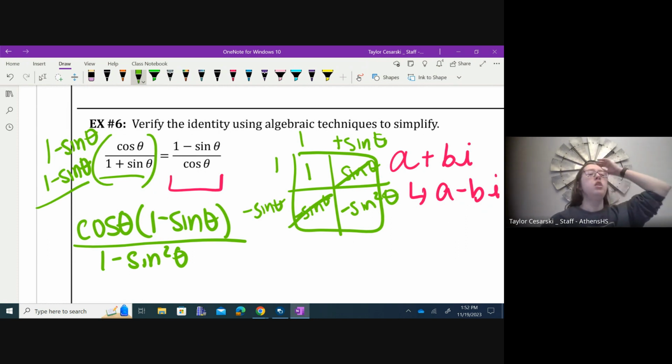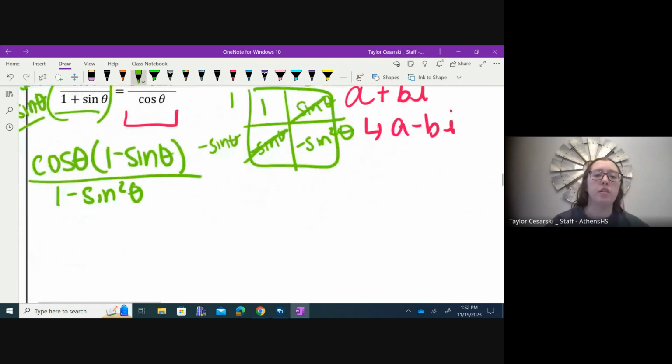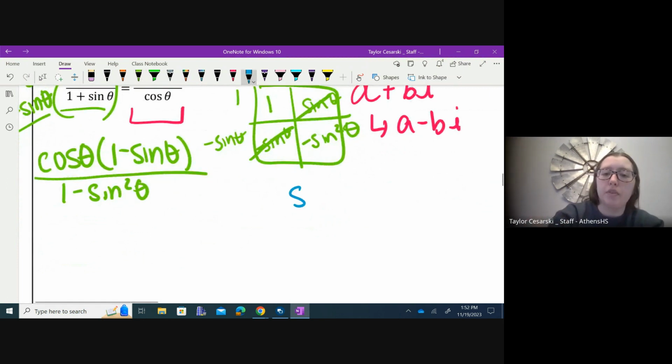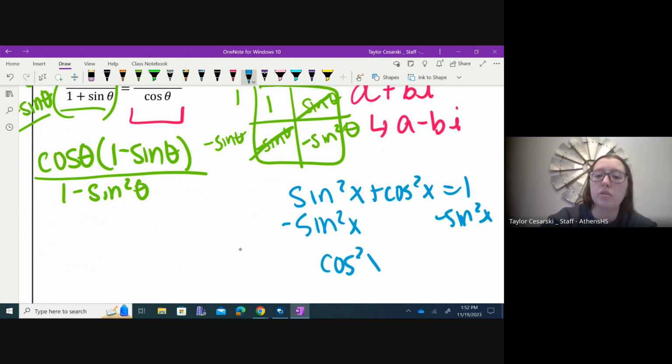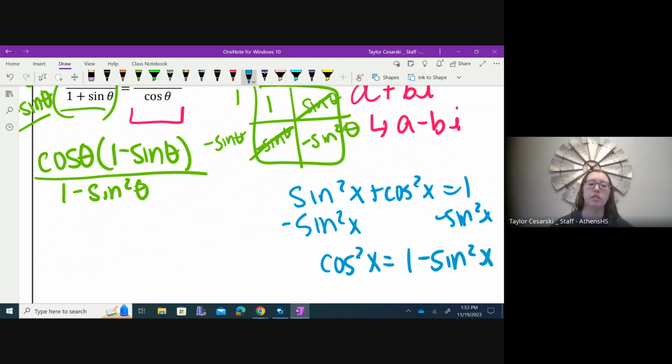Okay, well, this is where we have to kind of reach back into those Pythagorean identities we just did. So we said sine squared of x plus cosine squared of x equals 1. Well, this is just an equation, so I can manipulate it just like normal equations. If I subtracted sine squared of x on both sides, I would get cosine squared of x equals 1 minus sine squared of x.